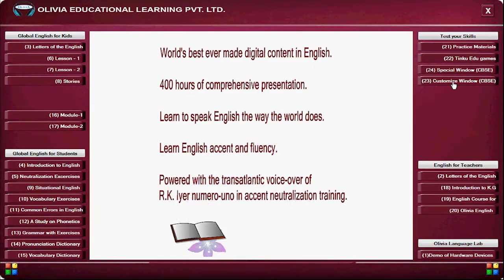And for the benefits you get from this, the cost you spend for the whole lifetime, a one-time investment, is just 4.5 to 5 lakh rupees. And the cost of a teacher is a monthly salary. And what you get is a new world of English. That is what we promise you.